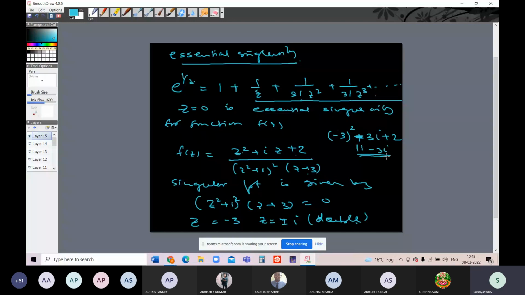It means z = -3 will be a pole for this function, because we already said that if it is a pole, we can write it in the form phi(z)/(z - z0)^m. In the same way, we can check z = i and z = -i: if the value is non-zero, it is also a pole. And there is one more method, which we will also discuss here.